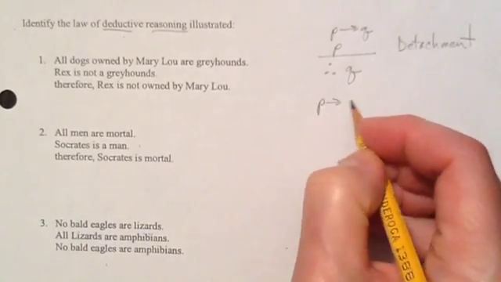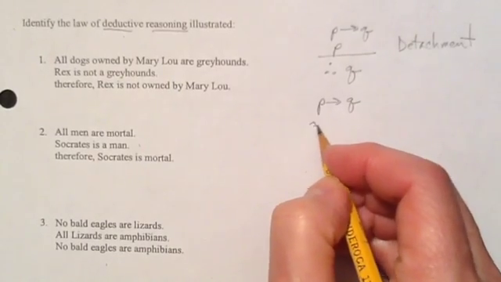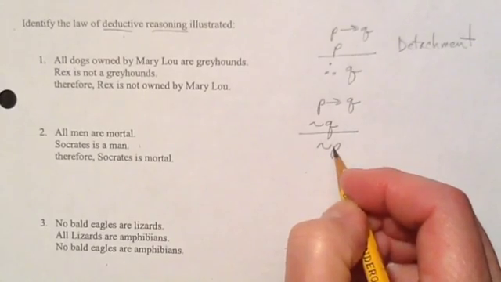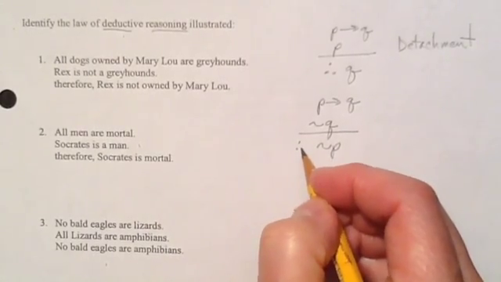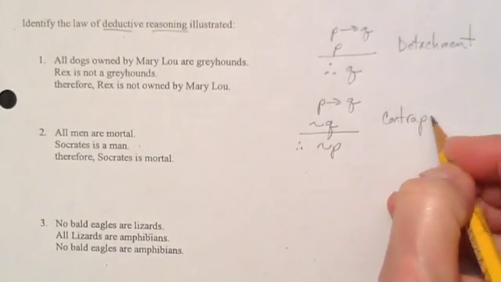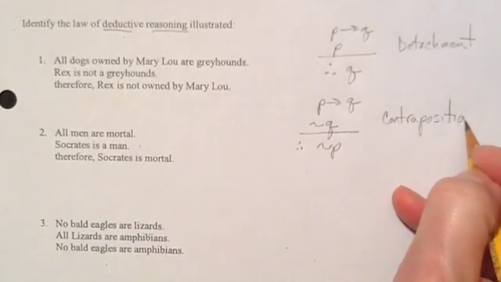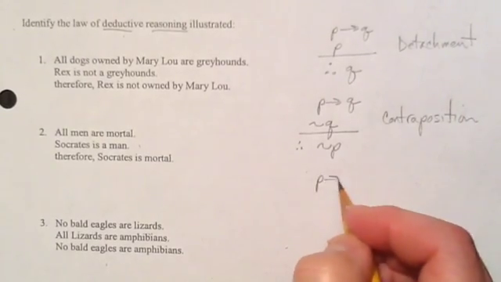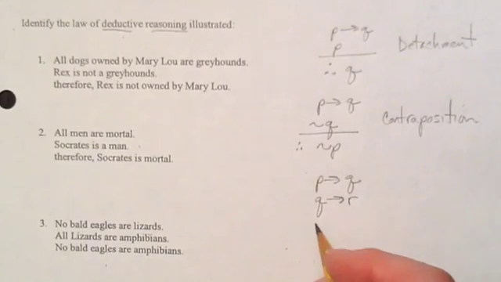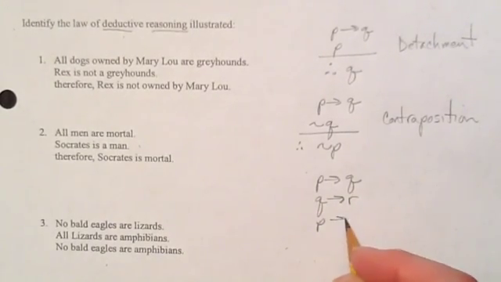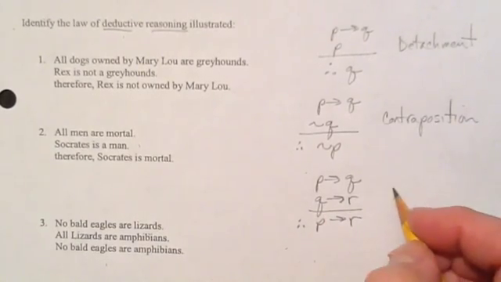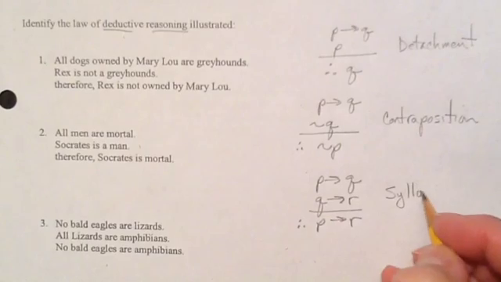If P, then Q, I give you not Q, and you conclude not P. That is the law of contraposition. And finally, if P, then Q, if Q, then R, and these are true statements, and I give you P, you can conclude R. That would be called the law of syllogism.